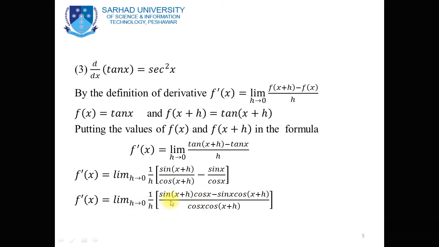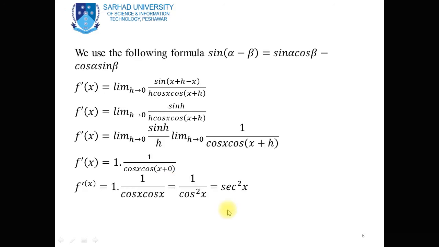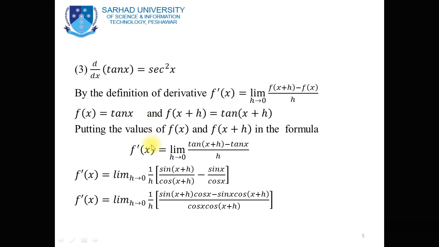Now we know that sine alpha minus beta is equal to sine alpha cos beta minus cos alpha sine beta. Now in this expression, actually x plus h represents alpha and x represents beta.